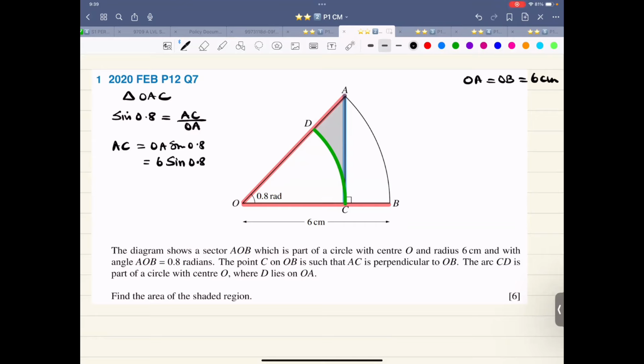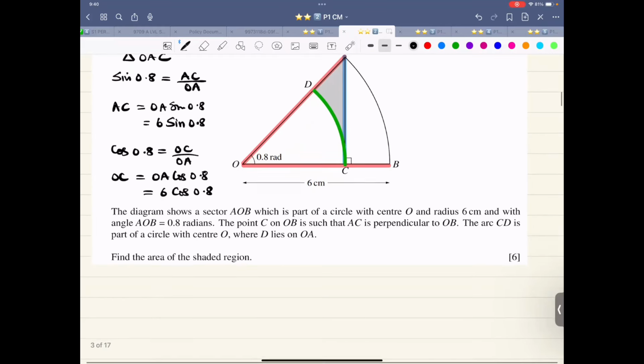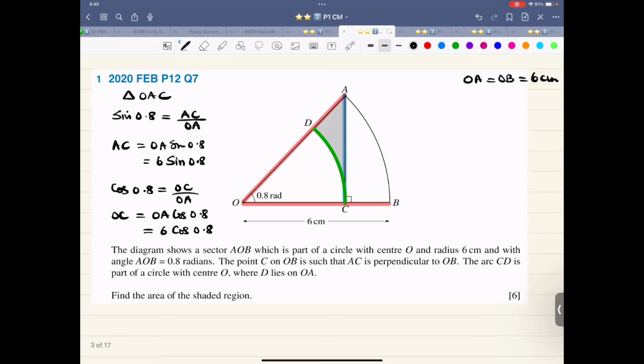Now, the next thing, that is the base. Cosine of 0.8 is OC divided by OA. OC is OA cosine 0.8, that is 6 cosine 0.8. This is the second thing. Now comes the third part. That is the area of triangle OAC, that is half into base, which is OC, into height, which is AC.